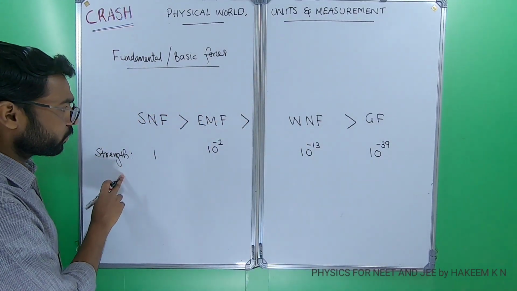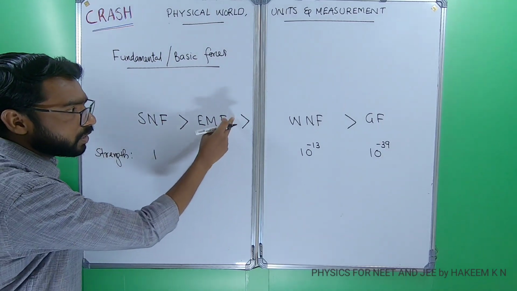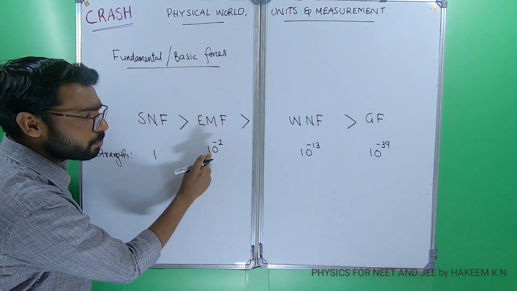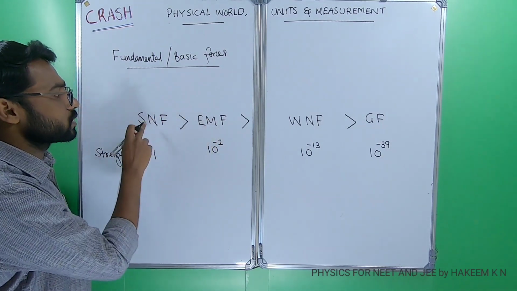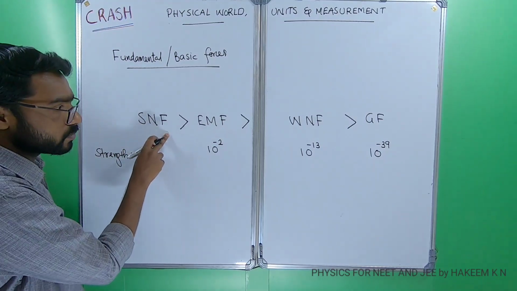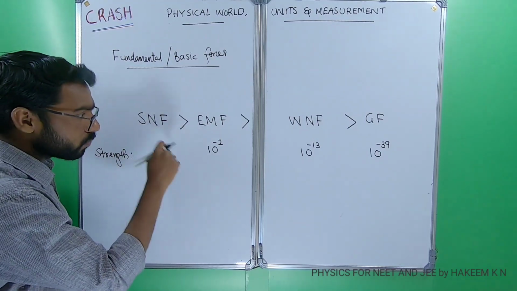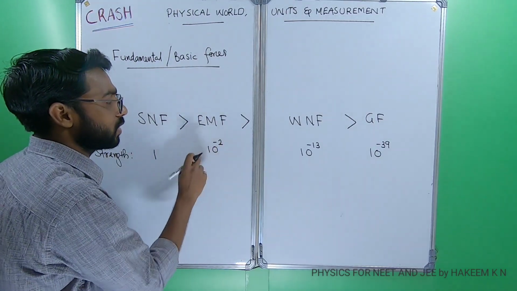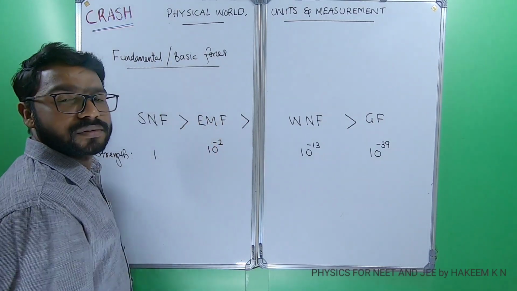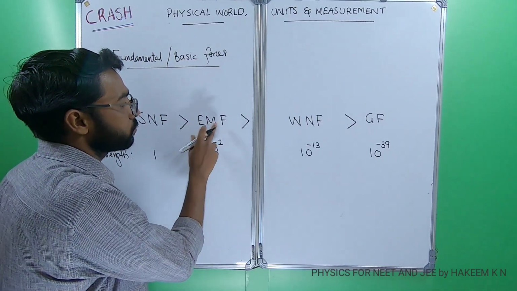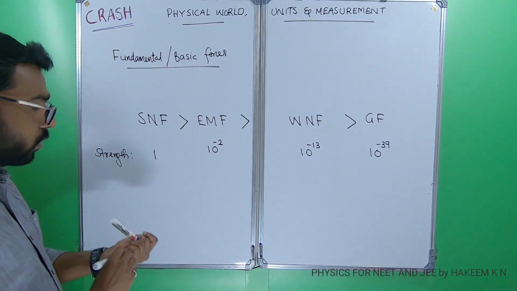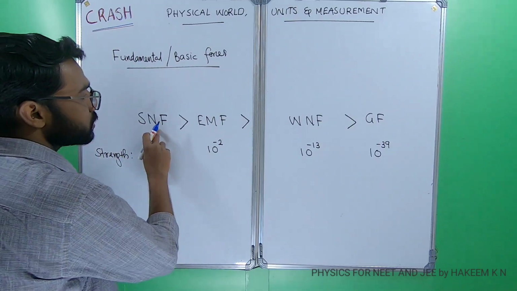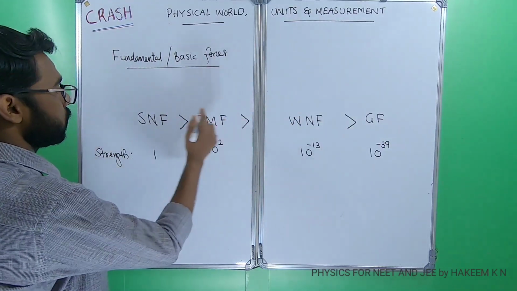That means the strength of electromagnetic force is 10 power minus 2 times the strength of strong nuclear force. Or we can say the strength of strong nuclear force is 100 times that of electromagnetic force.